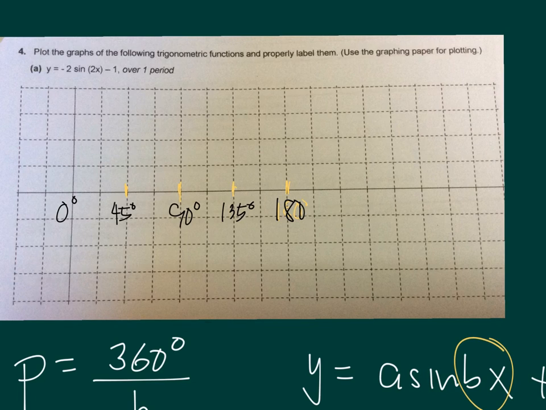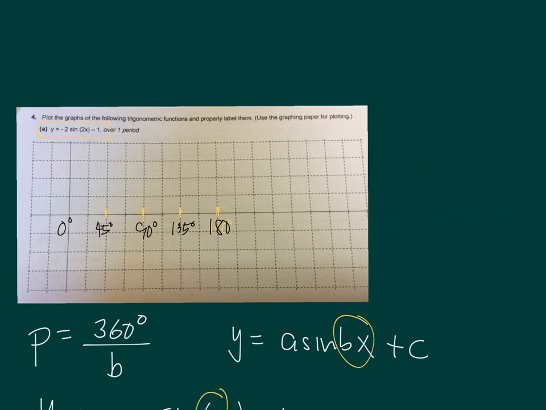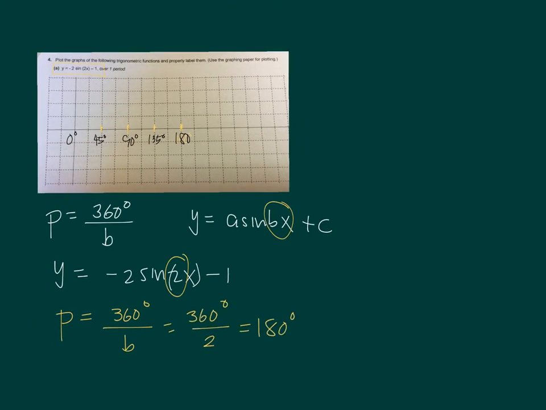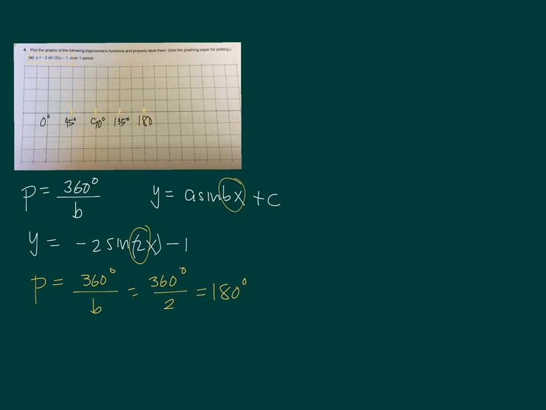Once you found the 4 angles, and 5 including the 0 degrees, you should get the value of y, the function, for each identified angle, and that will give you the points that lead you to the graph of the function. So let us list down all those angles: 0 degrees, 45 degrees, 90, 135, and 180.